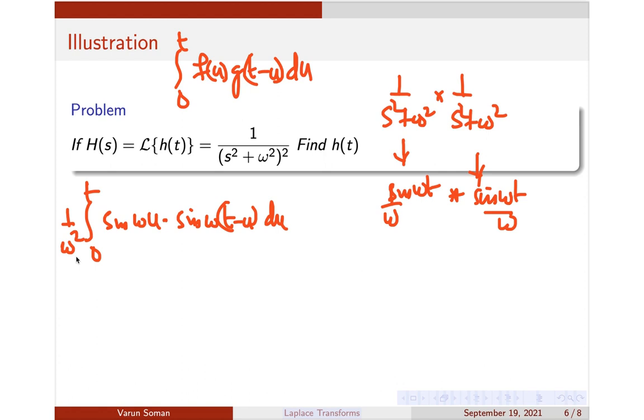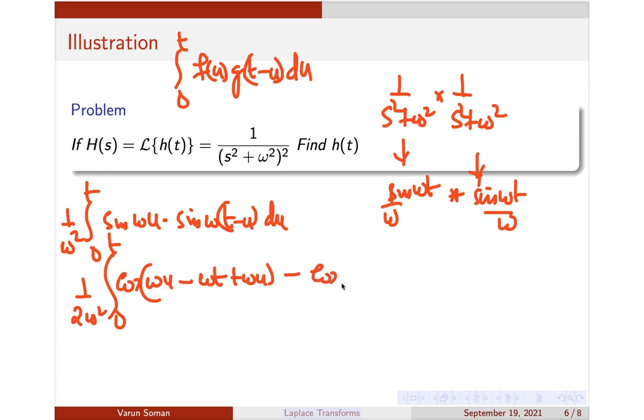It's a simple thing. You can use the product rule here and just split the integrand. So it will be simply 1 by 2 omega square. Sin A sin B is, 2 sin A sin B is cos A minus B minus cos A plus B. So using that property you will be getting cos omega u minus omega t plus omega u, that is cos A minus B, in the limit integral 0 to t, minus cos omega u plus omega t minus omega u, so it is again cos omega t.